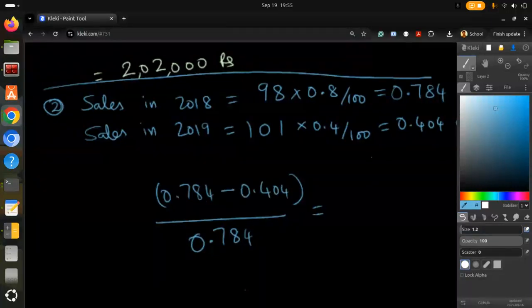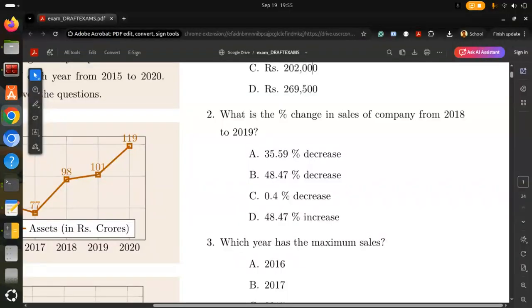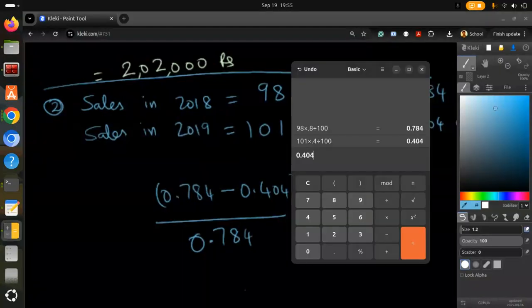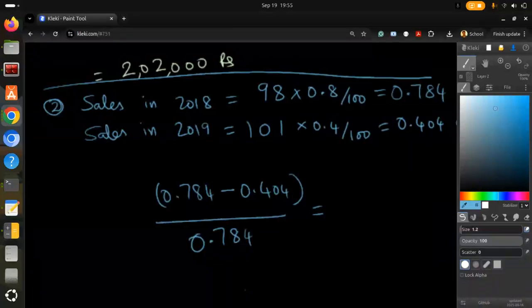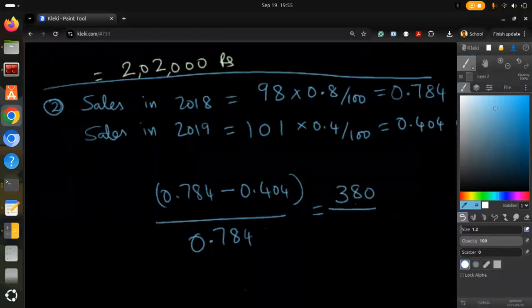So that will be 784 minus 404, which is 380. Notice that I am just cancelling out the thousands place from both the numerator and denominator.